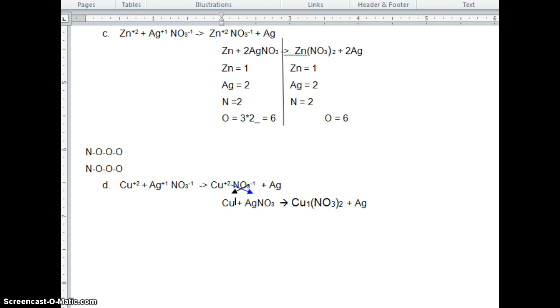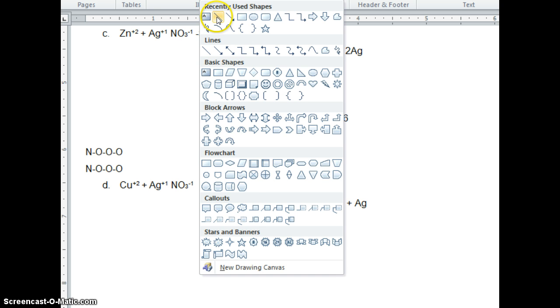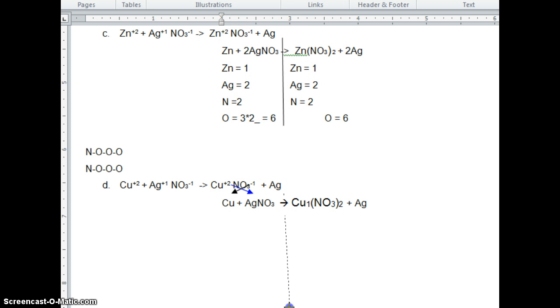All right, so I'm going to draw a line and I'm going to list everything. So how many coppers? And what about on the product side? How many coppers? All right, and now let's do Ag. How many Ags?